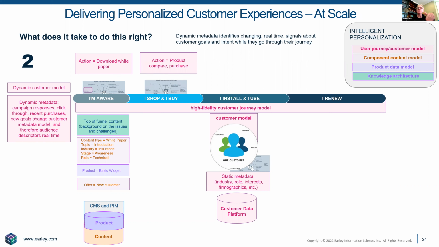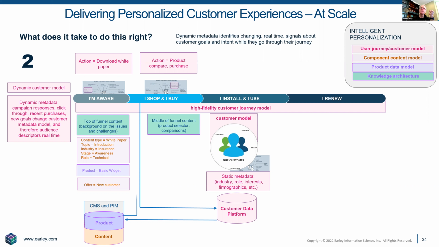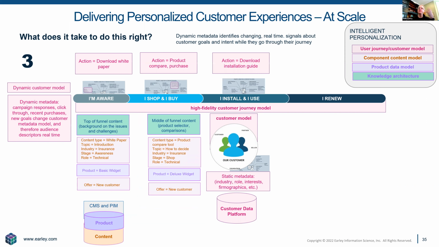And the same thing happens when we're comparing products, right? That's another piece of content that indicates a stage, and that will change the user's metadata model. This is middle of the funnel content according to our human expertise. And again, same thing, I'm influencing what recommendation I make and what content I prepare or present. Same thing, installation guide, that's post-purchase content, troubleshooting, et cetera.